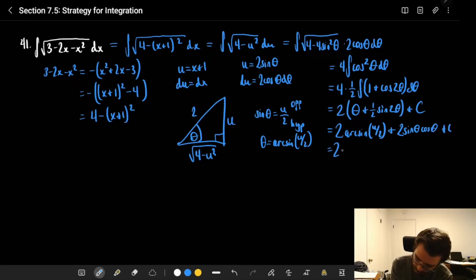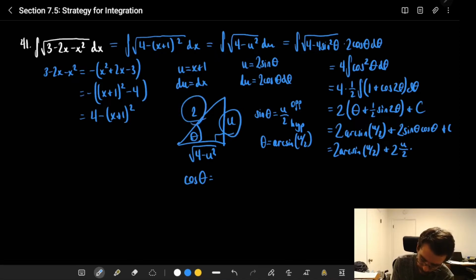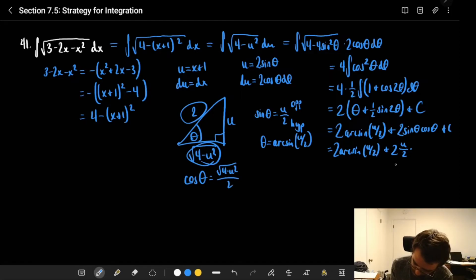Okay, I need to convert that. So sine of theta we know is u over 2. Cosine of theta is opposite over hypotenuse, or sorry, adjacent over hypotenuse. So that comes out. And then u was x plus 1.